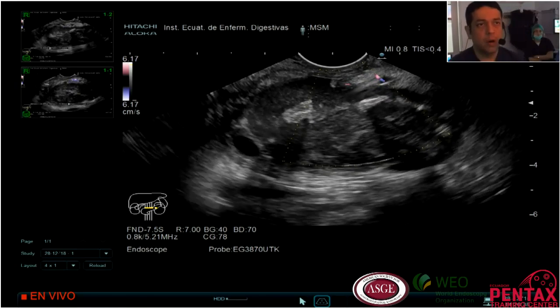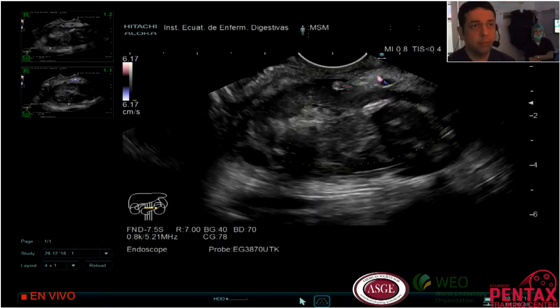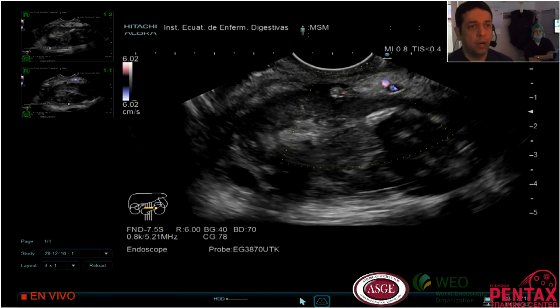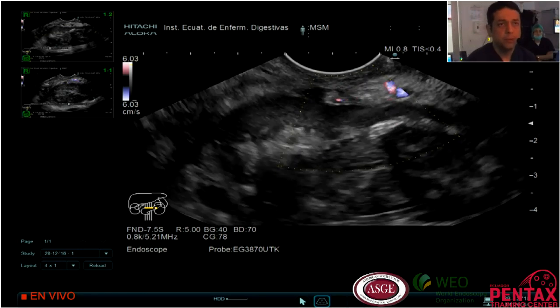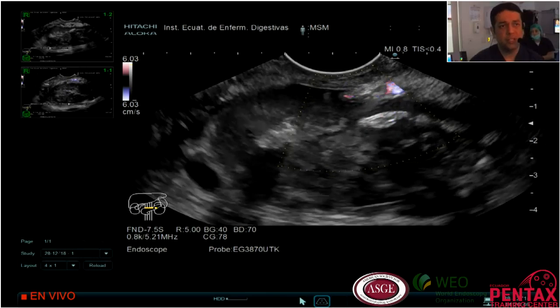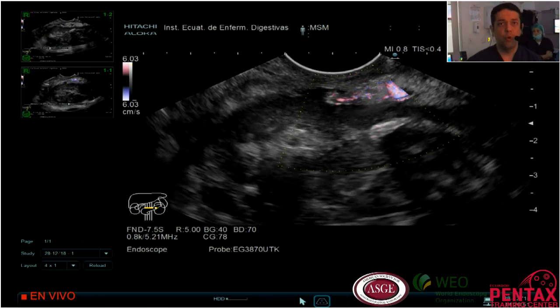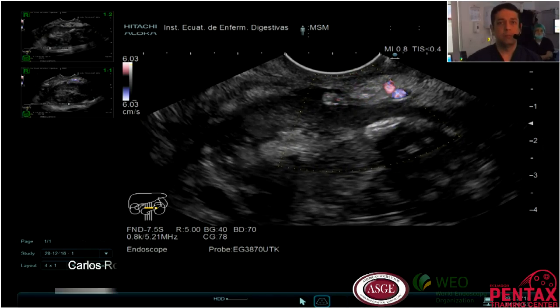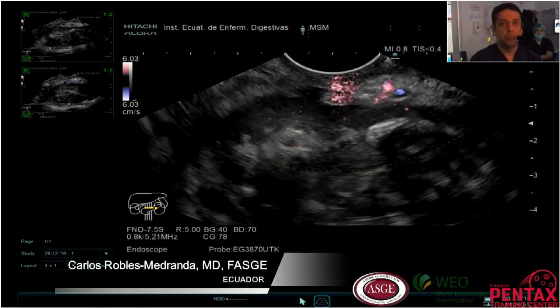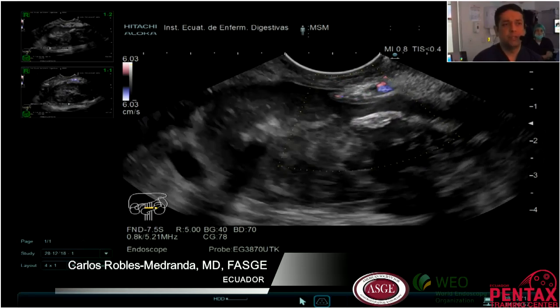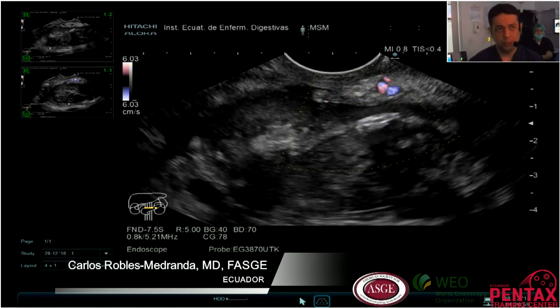Okay, so now as I already mentioned, I will use one needle just to fix a guide wire, and then I will use a hot Axios to perform a drainage of this pseudocyst with wall of necrosis.